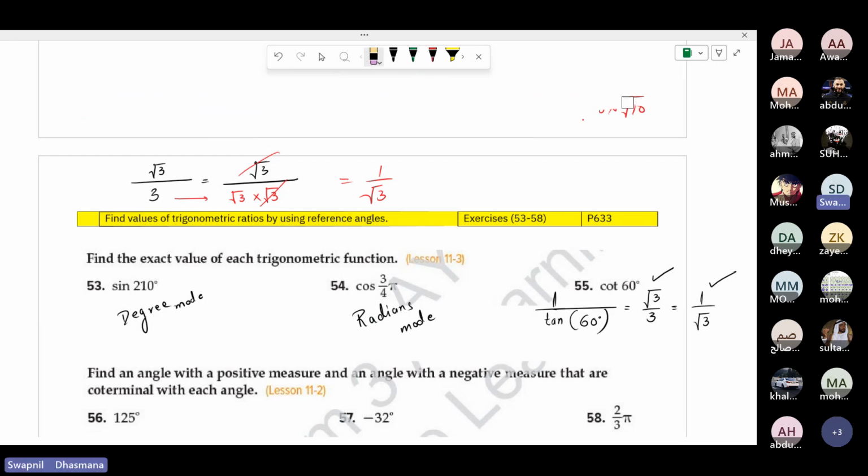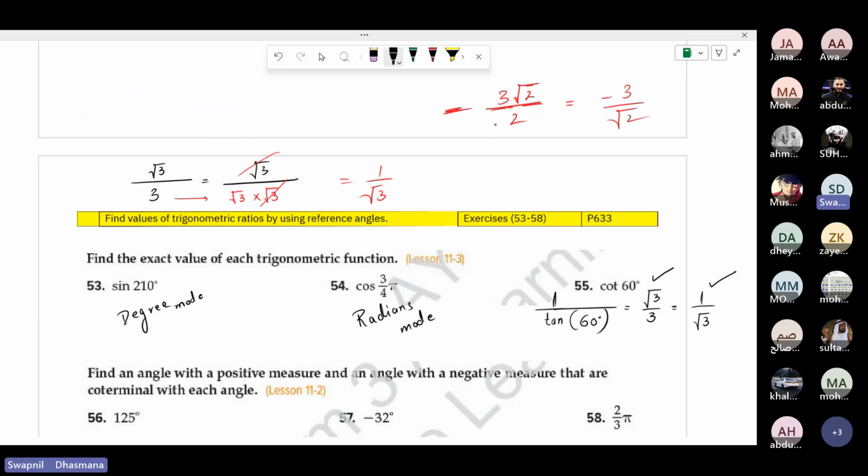So sometimes you will see that on the calculator you are getting, for example, 3 root 2 over 2. But the answer is negative 3 over root 2.